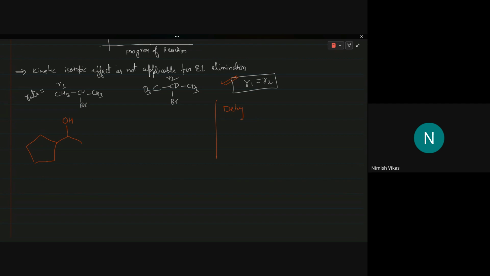Dehydration of alcohols under acidic conditions follows E1 elimination.